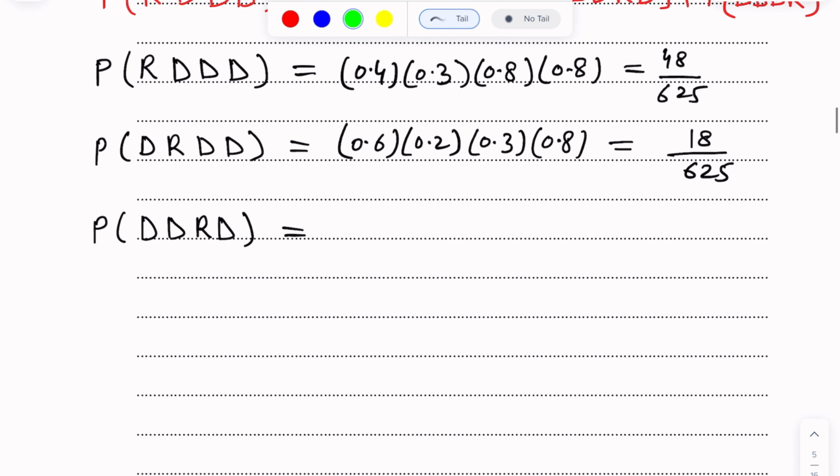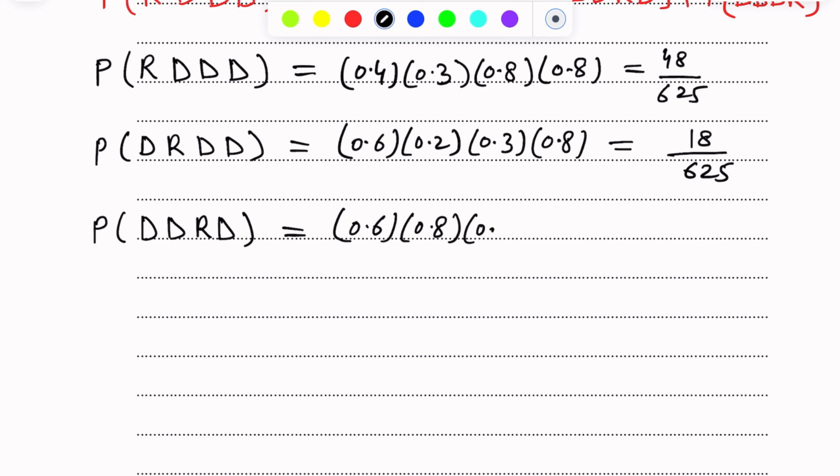Next is 0.3. So we write here 0.6 into 0.8 into 0.2 into 0.3. After simplifying, we get 18 over 625.